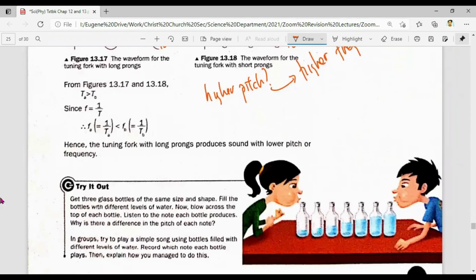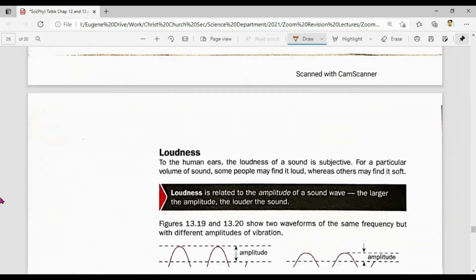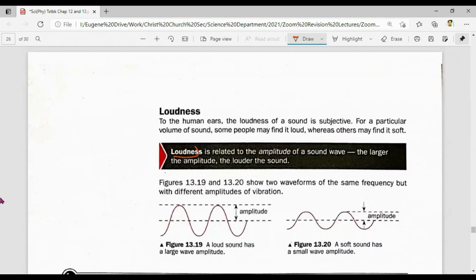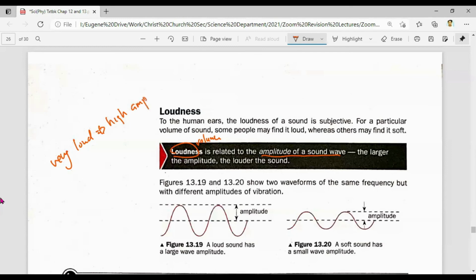So that's about pitch. Next, we're going to look at loudness. Loudness is linked to the amplitude of a sound wave. Loudness can also be thought of as volume. Very loud means high amplitude of a wave.